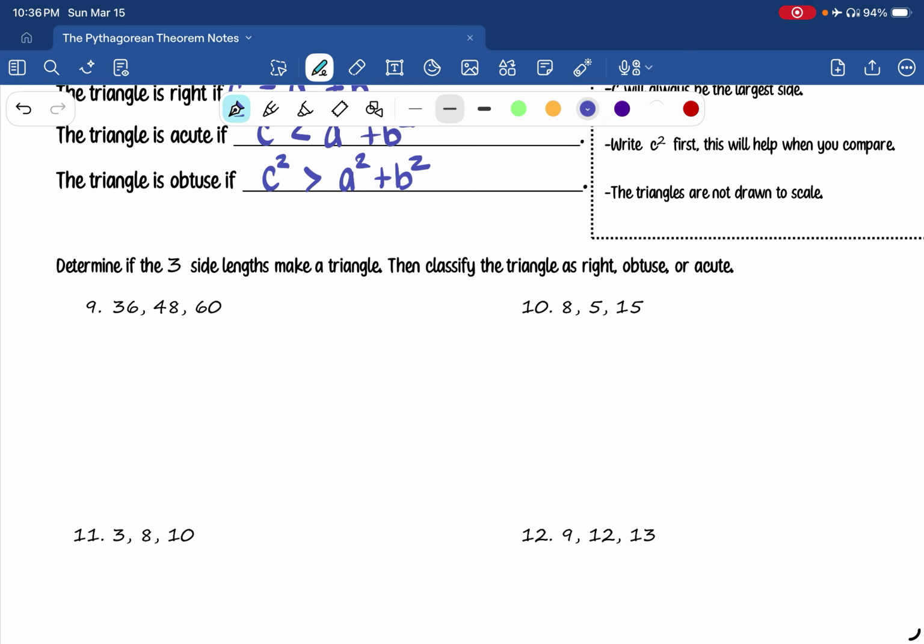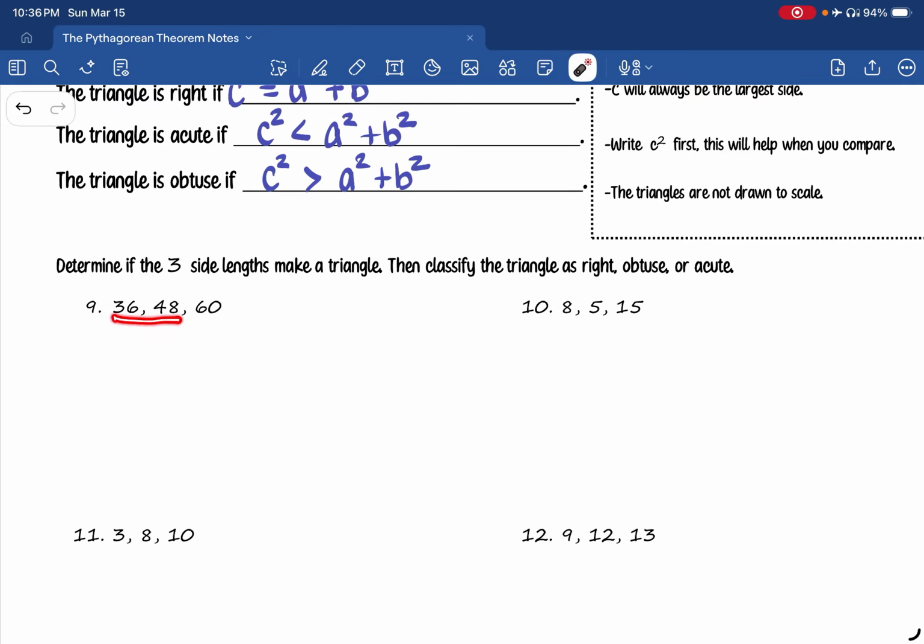Okay, so let's look at number 9. Do y'all remember what we did when we tried to decide if the three measures actually made a triangle? Well, you had to add the two smallest sides together and see if they were bigger than the third side. If they were bigger than the third side, then it did make a triangle. Now y'all think about this.